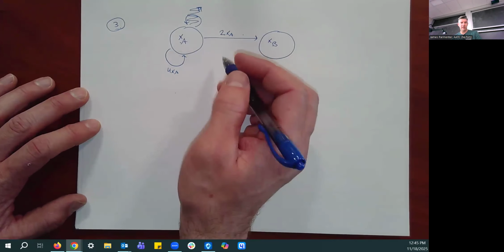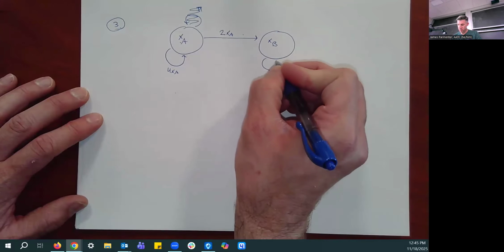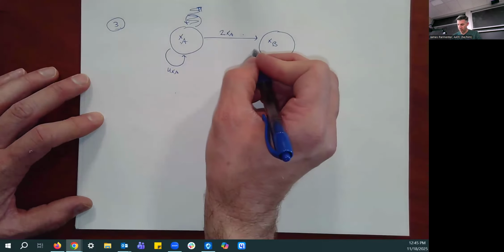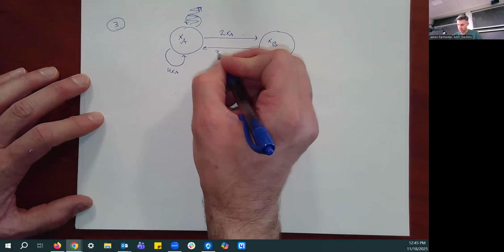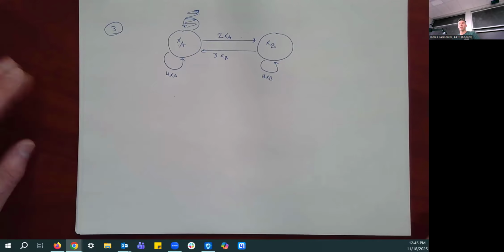Similarly, the bacteria in patch B are growing in number at a rate of 4 per capita as well, and moving to patch A at a rate of 3 per capita. That seems to me to be the right compartment diagram for the system. I think. Let's see what the system of equations looks like.